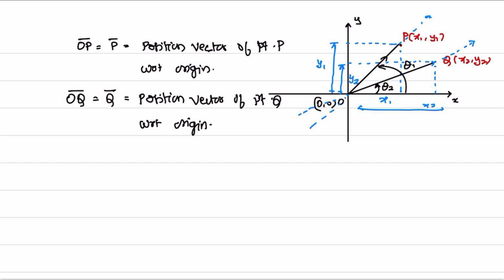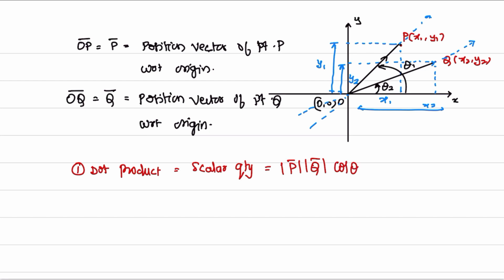Now, what is the dot product? The dot product is a scalar quantity, defined as the magnitude of P into the magnitude of Q into cos theta, where theta is the angle between the vectors P and Q. This is the angle between OP and OQ.